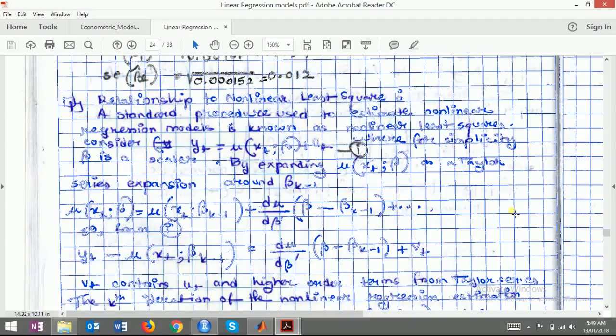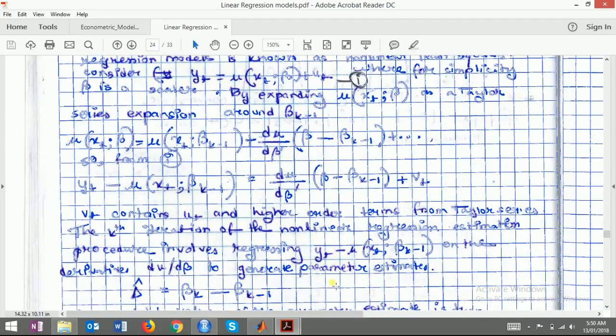plus higher order terms. So from this equation, yt minus mu of xt, beta k minus 1 equals the derivative of mu with respect to beta transpose times beta minus beta k minus 1, plus vt.